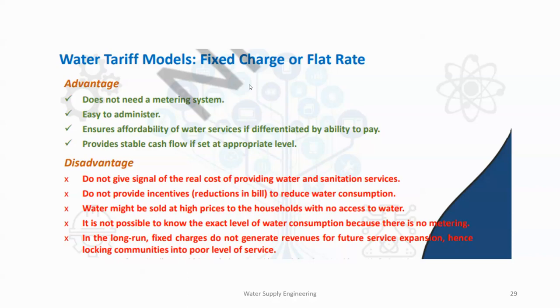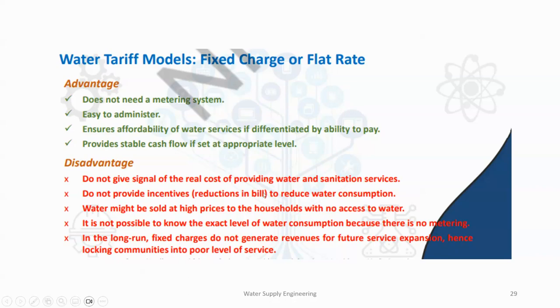But the problem is that it does not give a signal of the real cost of providing water and sanitation service. We are not aware of the amount of water that is being consumed.